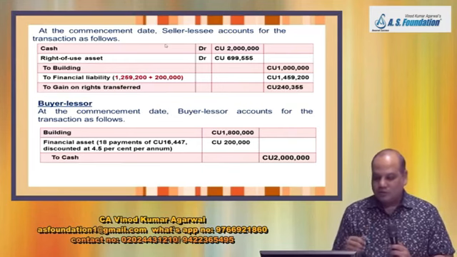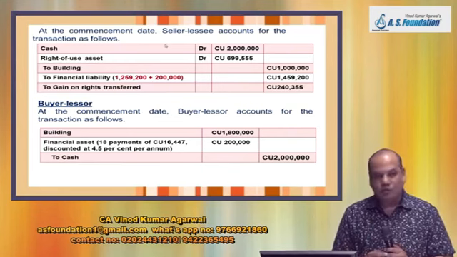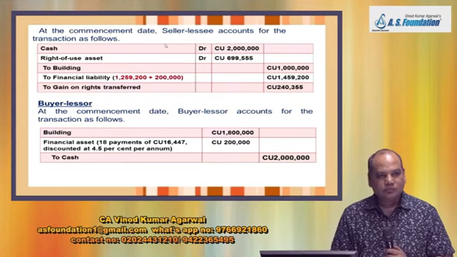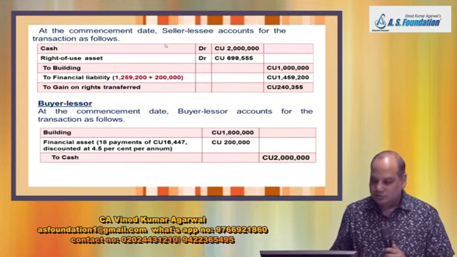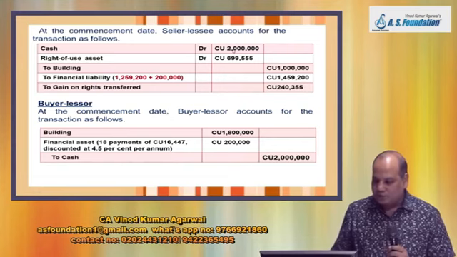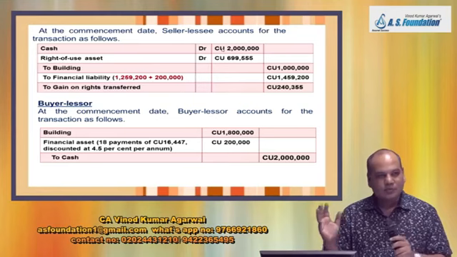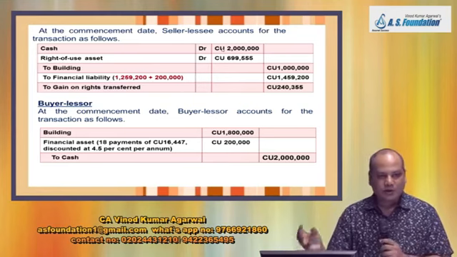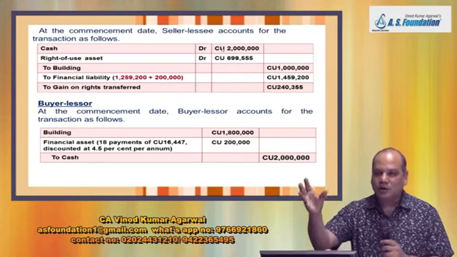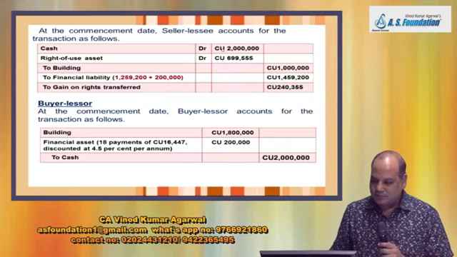In the journal entry, cash account debit will come. You will receive 20 lakh. This 20 lakh has the following components. It is towards the building sold and towards additional finance. 18 lakh is towards building sold and 2 lakh is towards additional finance.